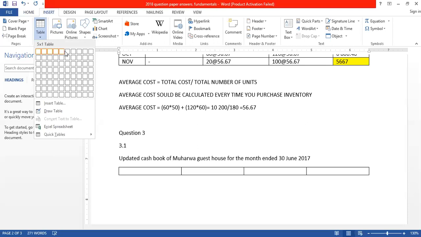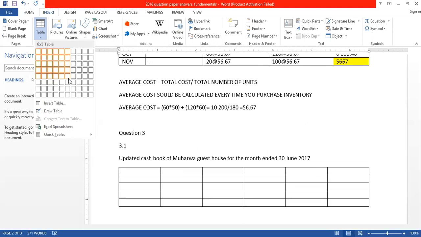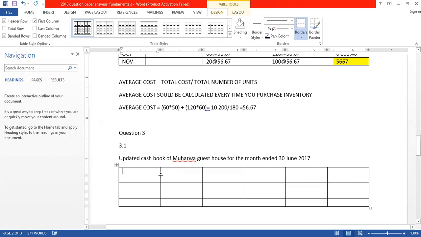Okay, there are 6 columns. So this is the date.